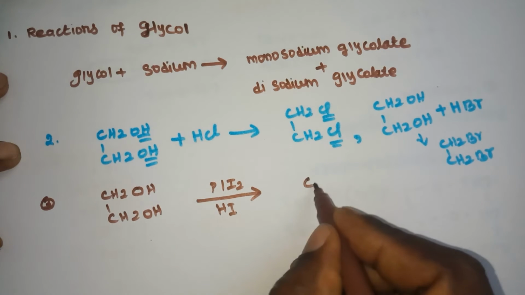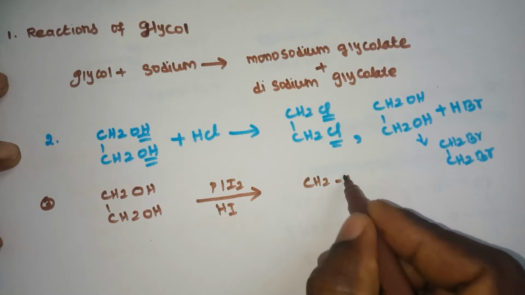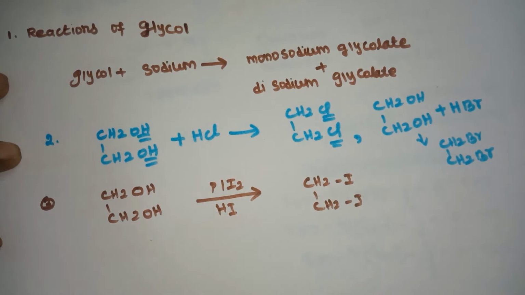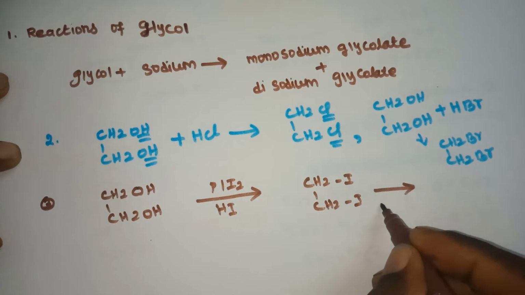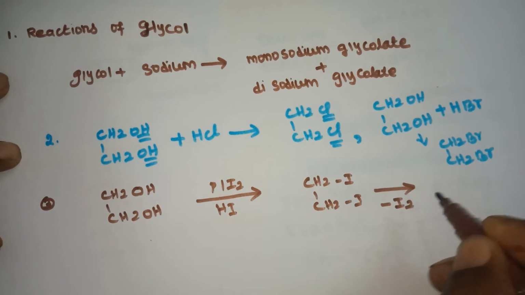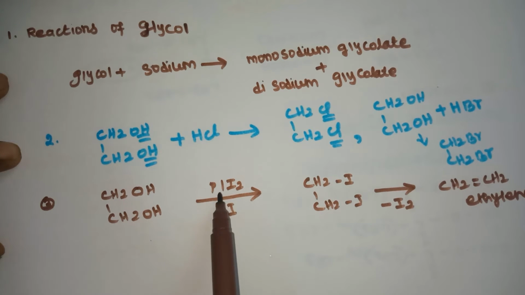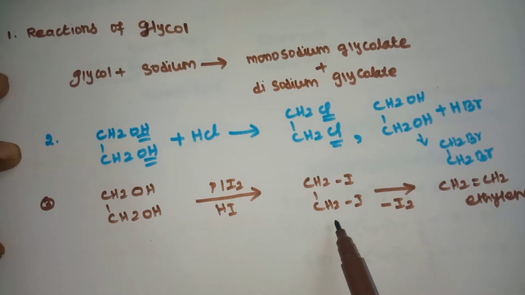First step, CH2I-CH2I is formed. This is 1,2 diiodoethane. This on further elimination of iodine forms ethylene, CH2=CH2.